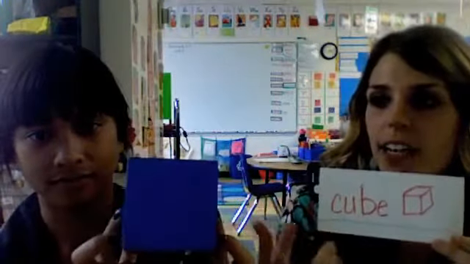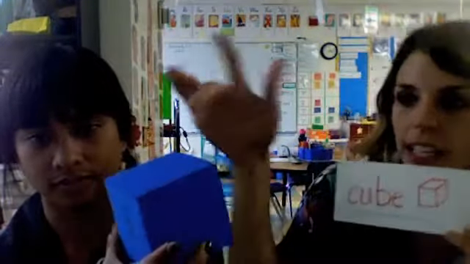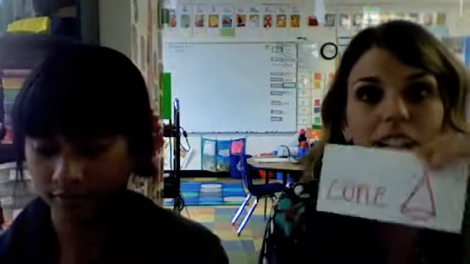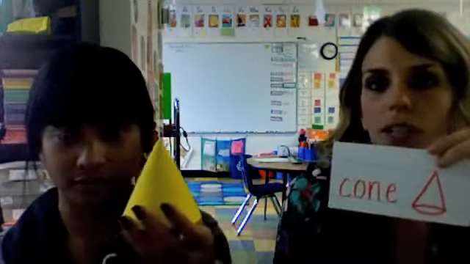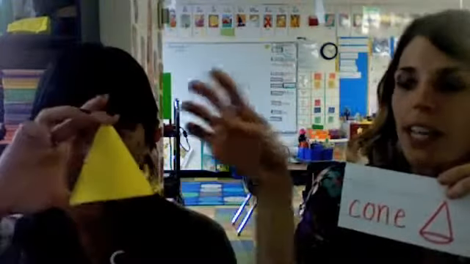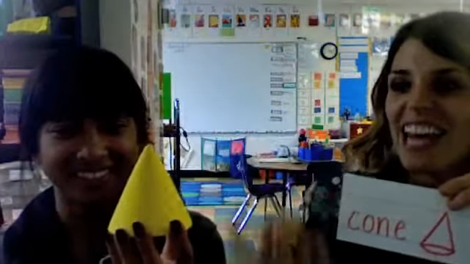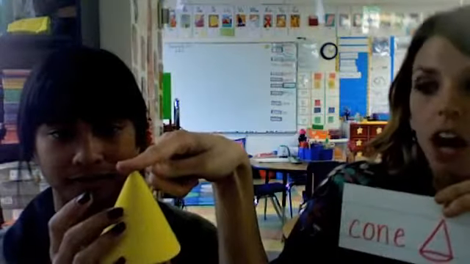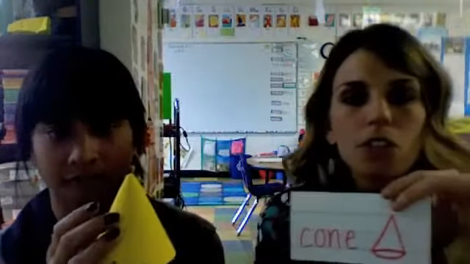The next one is a cube, and a cube is kind of like a dice. It's something that has lots of flat surfaces like the rectangular prism, and also lots of vertices. And the last one we're going to talk about is a cone. And a cone, as you should be familiar with it from PE. The cone has 1 flat surface at the bottom and has 1 vertex at the top, and the rest of it is a curved surface.